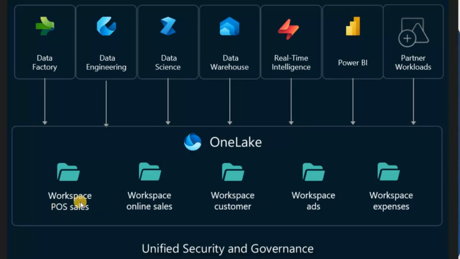For example, if you see here, we have a workspace for POS sales, a workspace for online sales, a workspace for customer, ads and expenses and so on. Each workspace can contain lakehouses, warehouses, and other data items. These are tailored experiences depending on whether you are a Spark developer or a SQL user.